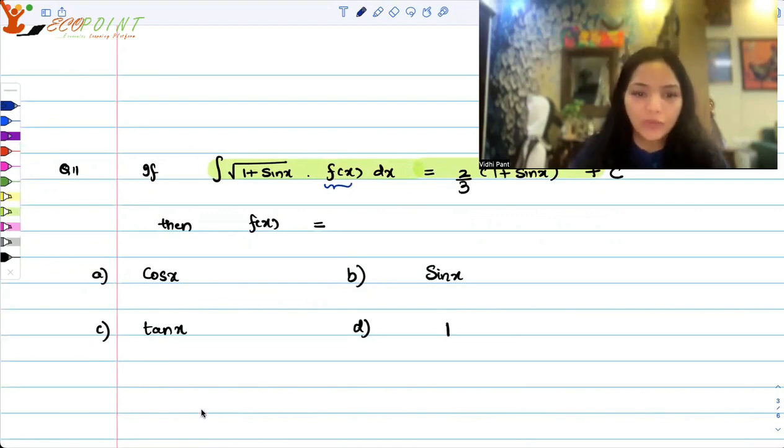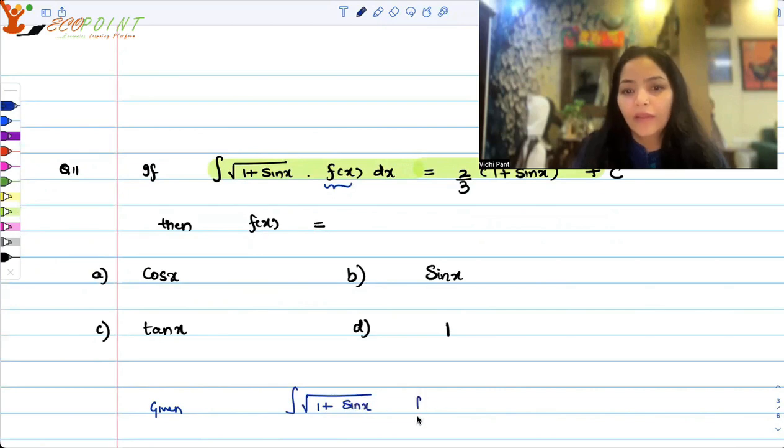Or else what you can do is, you are given that the integral of square root of 1 plus sine x f(x) dx is equal to a certain value to the power 3 by 2 plus c.